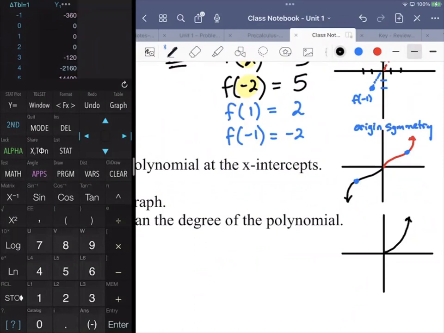If I tell you that it's symmetric over the y-axis, so y-axis symmetry, there must be a corresponding part of the graph going into the second quadrant if there's graph in the first quadrant. There is also such a thing as x-axis symmetry, and we'll get to that later on in the course.